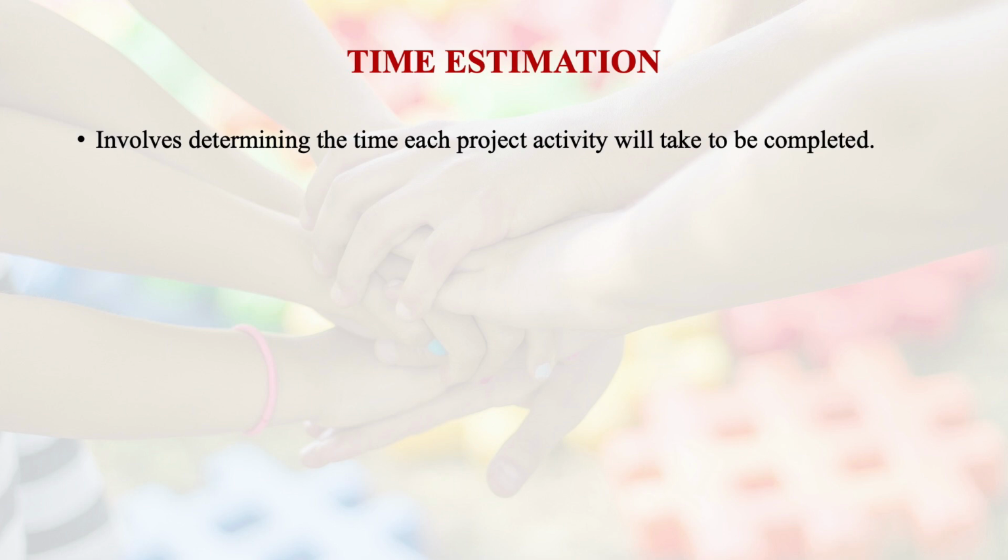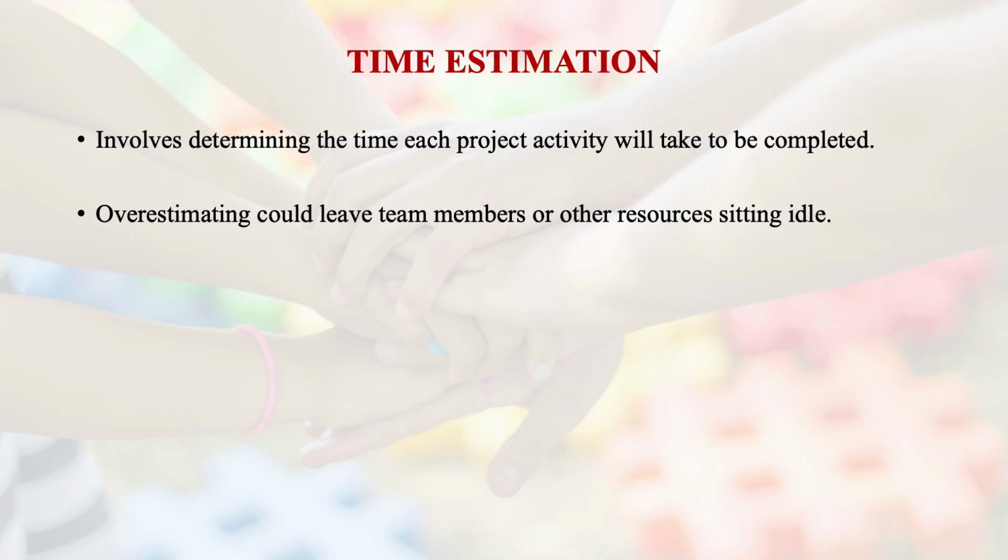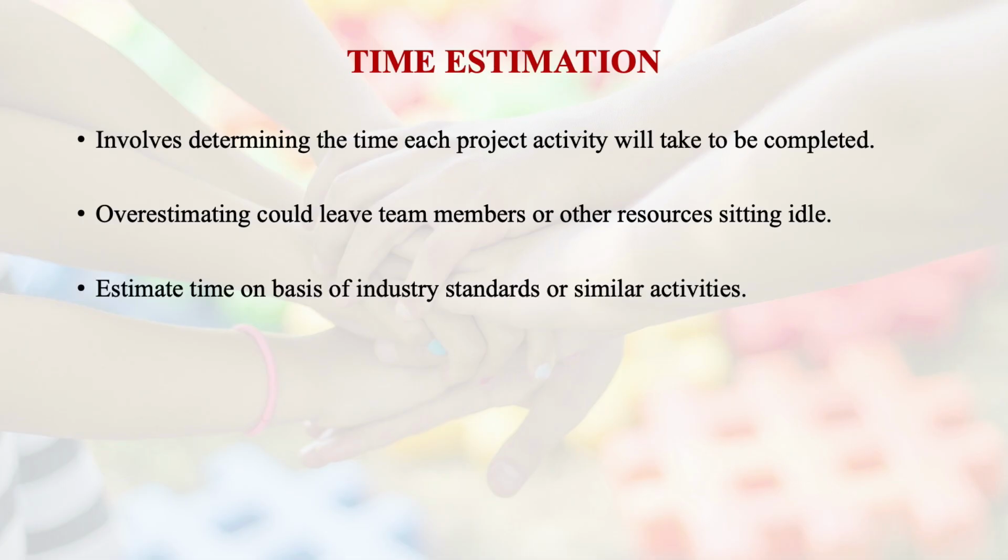Then comes the time estimation. Time estimation involves determining the time each project activity will take to get completed. Overestimating could leave team members or other resources sitting idle, so we will be wasting precious resources, the team members, right? Estimate time on the basis of industry standard or similar activities.